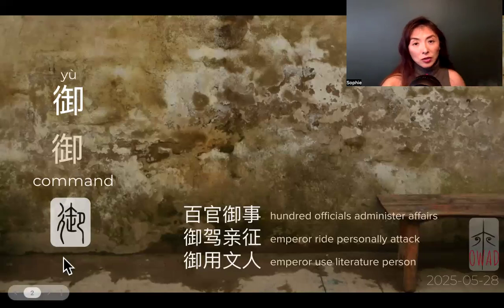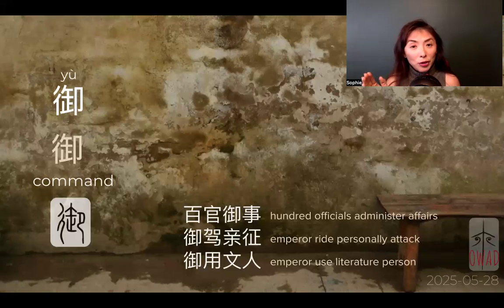Then paired with this walking sign, it means somebody who has the command of walking or stopping. So what is command? In English, command in computer language simply means you give orders to computers.